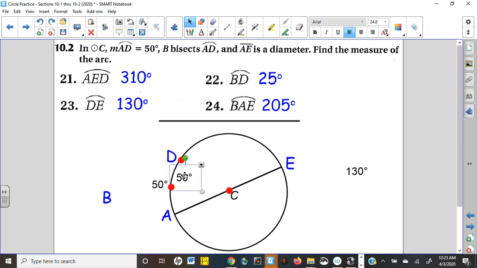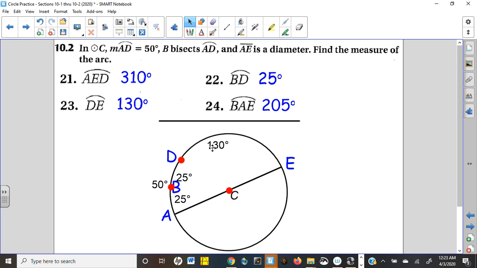So I get a couple 25s in here. And once again, this was point B. And then finally, we can label the rest of it. So we'd have 180 minus 50, right, is 130. And we would have, of course, our semicircle below would be 180 degrees for that.